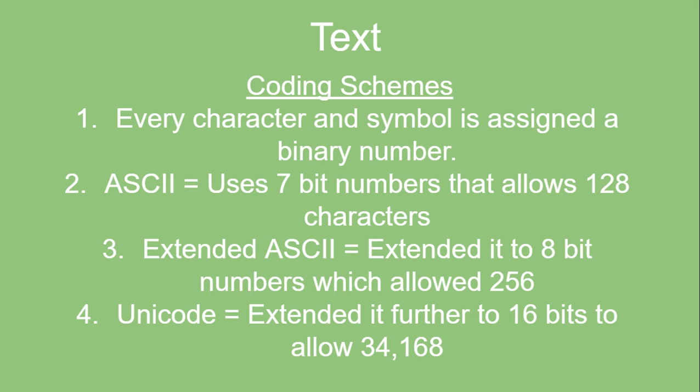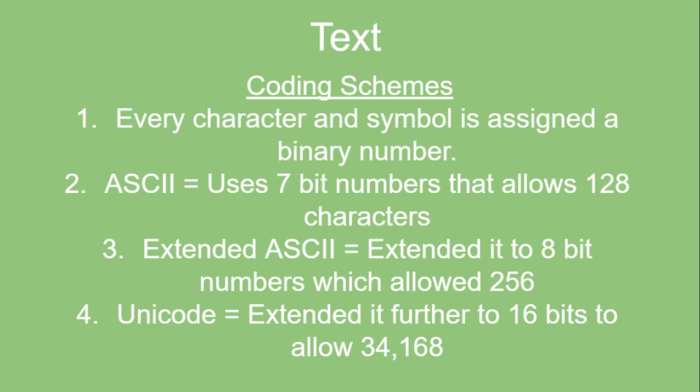Your keyboards are wired that way, too. So every letter and every symbol has a number. So ASCII stands for the American Standard Code for Information Interchange, which you don't need to know.